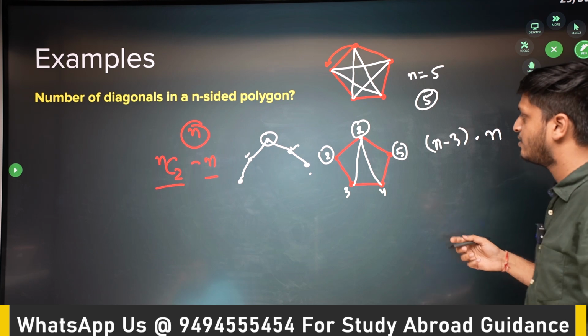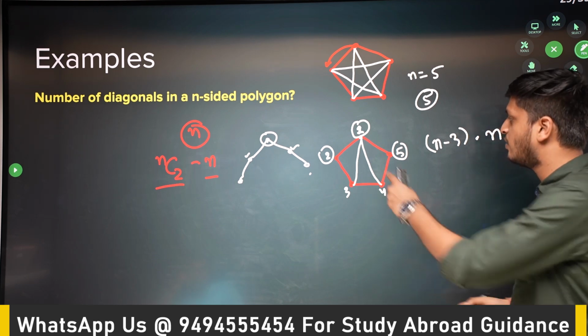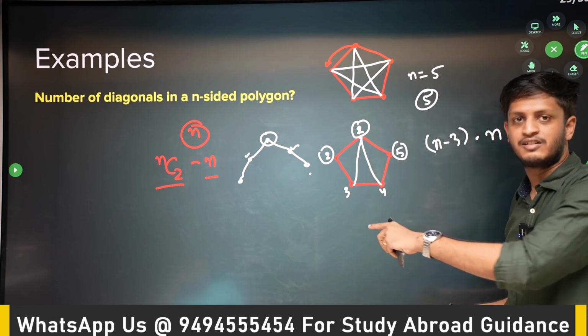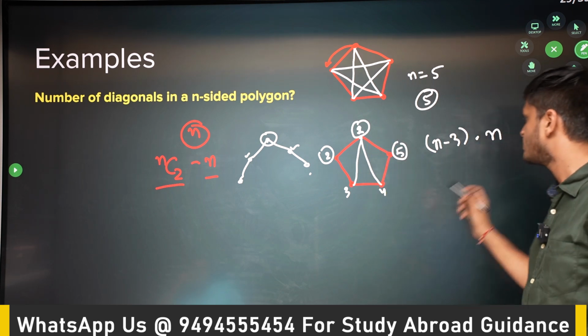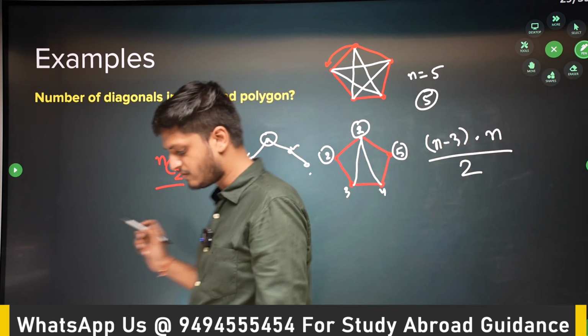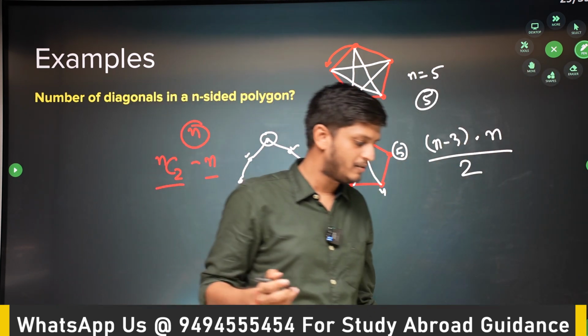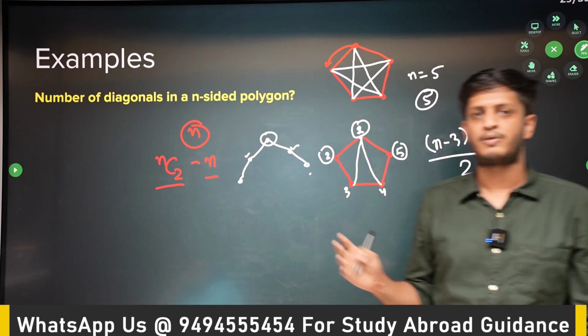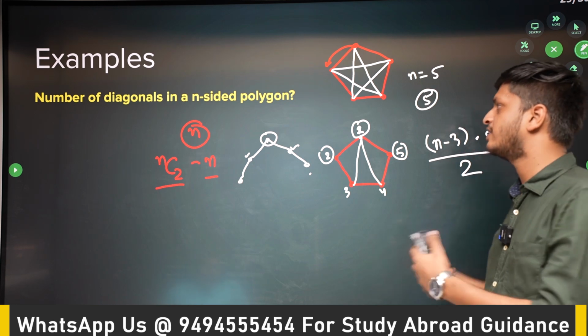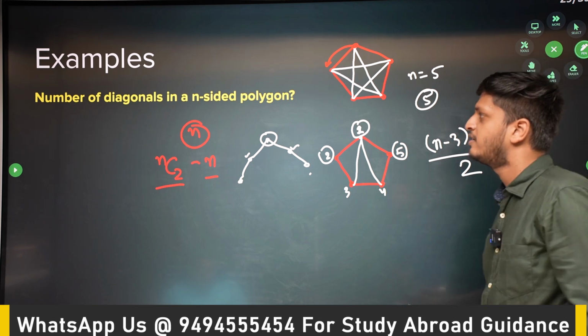Now you are overcounting every diagonal twice, starting at 1 and starting at 3. So you have to divide by 2. So there are 2 ways to think about the problem, and this is how you calculate the number of diagonals in an n-sided polygon, n(n minus 3)/2.